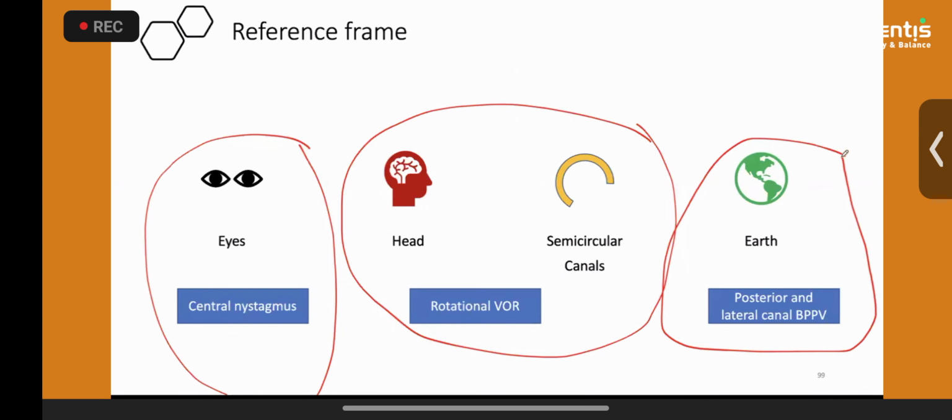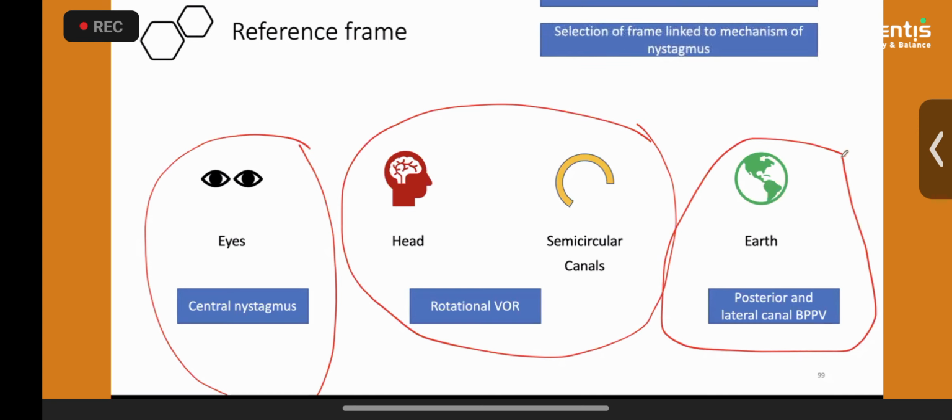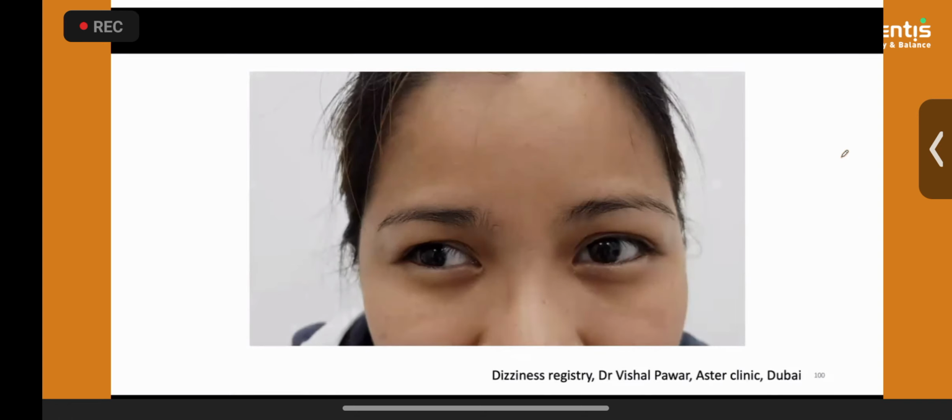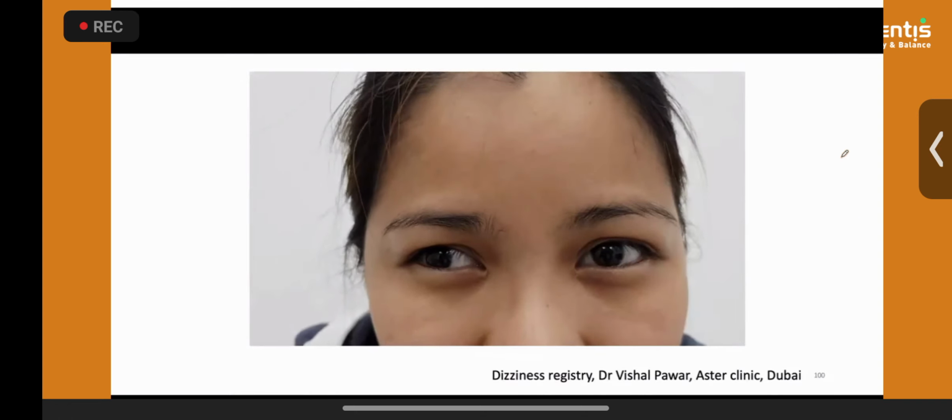Of course, in central nystagmus also the earth reference frame can be used, because apogeotropic variety of nystagmus can be seen in some central pathology. It is not restricted to central or peripheral. These are the reference frames. All frames are equally valid. Selection of frame is linked to the mechanism of nystagmus. Specify the frame, and again this is that same infantile variety of nystagmus.